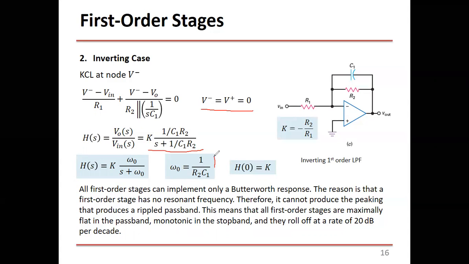If you define 1 over R2 C1 as omega 0, then this will be exactly the same as the previous one. H of S equals constant times omega 0 over S plus omega 0. But the K here is different than the previous one. The K here is given by minus R2 over R1 because this is an inverting amplifier. Okay.